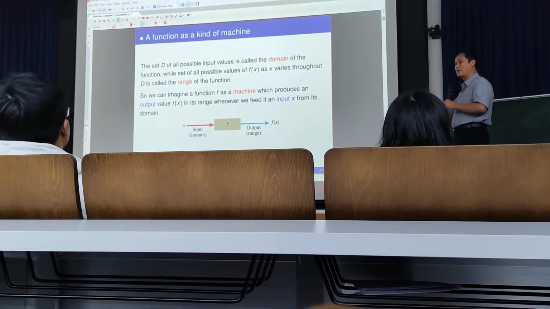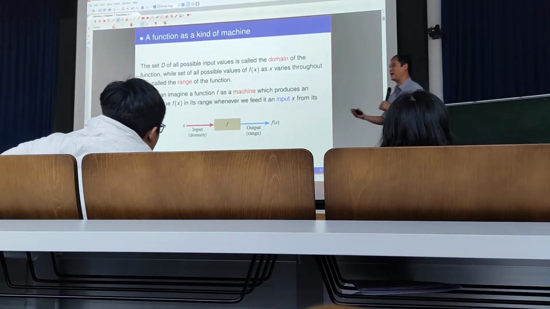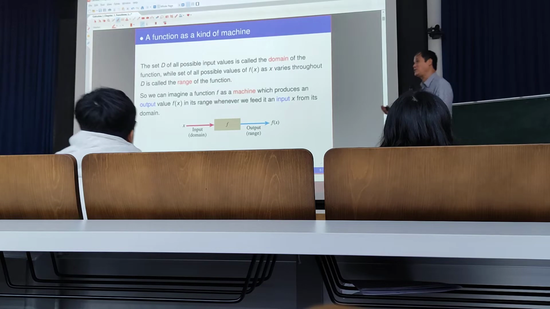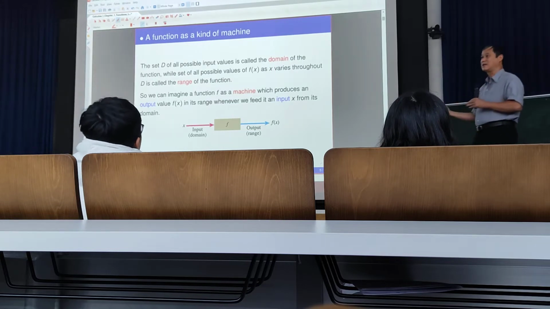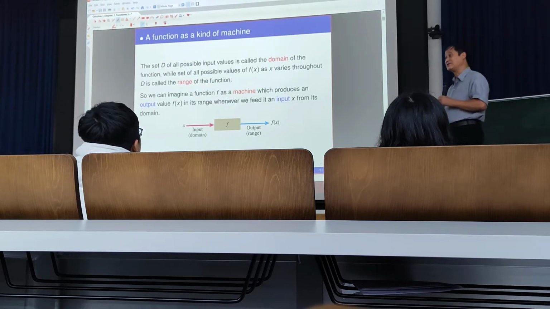So already the first thing we have is the relationship between mathematics and computer science or engineering. Okay?